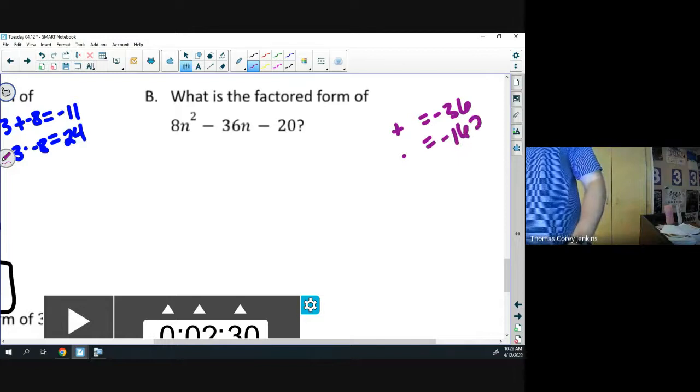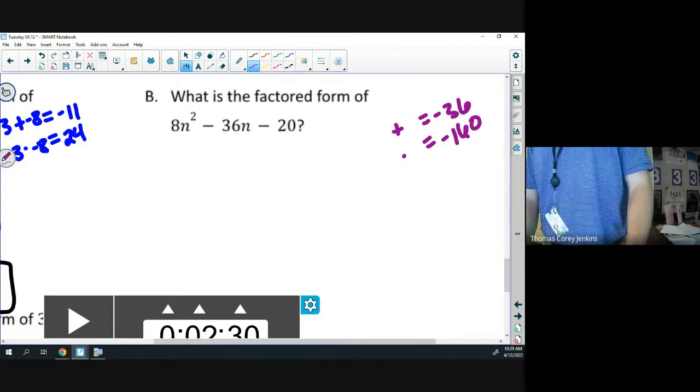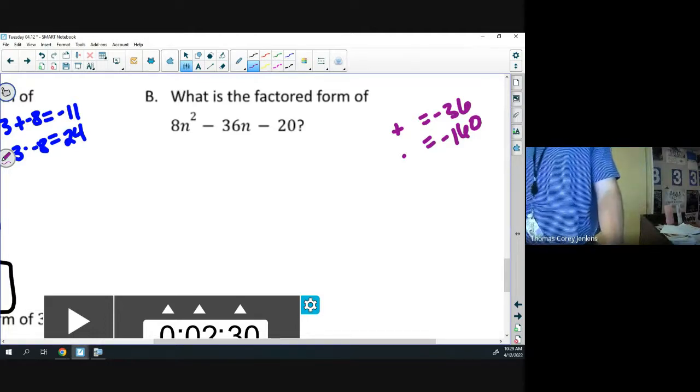Very good. You might need a calculator to answer some of these questions. All right. So that combination is going to end up being, let's see, what is it? 4 and 40. So it'd be +4, -40. -40, +4.